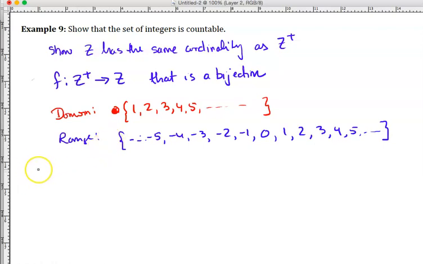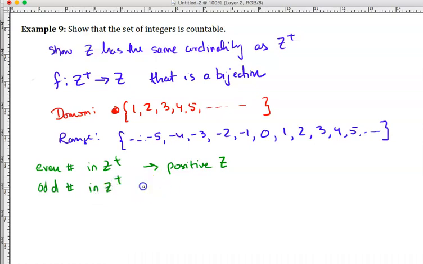So let's have the even numbers in the domain pair up with positive integers in the range, and odd numbers in the domain pair up with negative integers in the range.